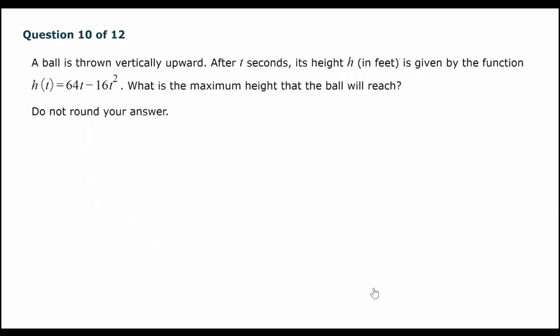Question number 10. A ball is thrown upward. After t seconds, its height h in feet is given by the function h of t equals 64t minus 16t squared. What is the maximum height that the ball will reach?